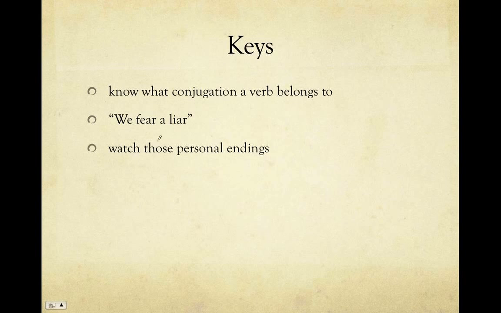So the key for learning and being able to conjugate the present active subjunctive, and also this will be the same rules for the present passive subjunctive when we get to that, is to know what conjugation a verb belongs to.